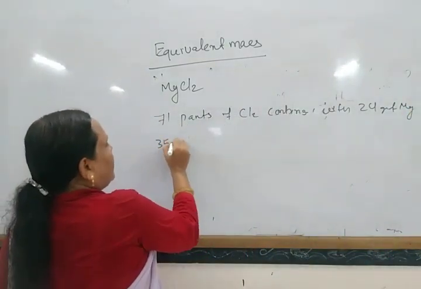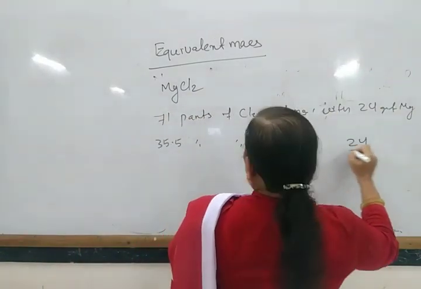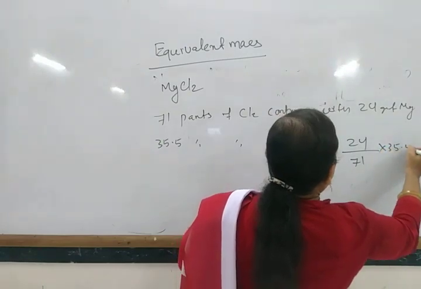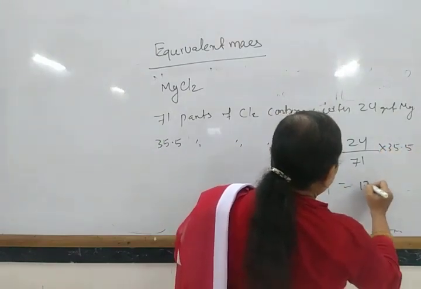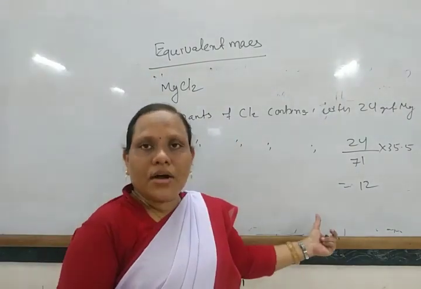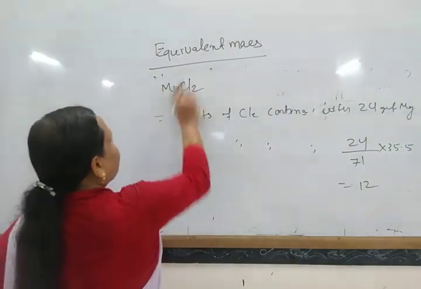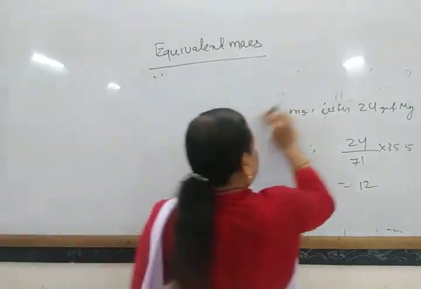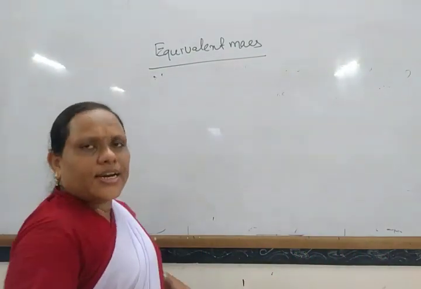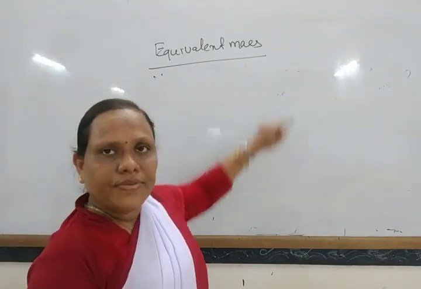Then 35.5 parts of chlorine combines with 24 by 71 into 35.5, that is again 12. So in this way, by comparing, we can find the equivalent mass of any element. So the equivalent mass can be determined by different methods. There are different formulas to calculate the equivalent mass of a substance.